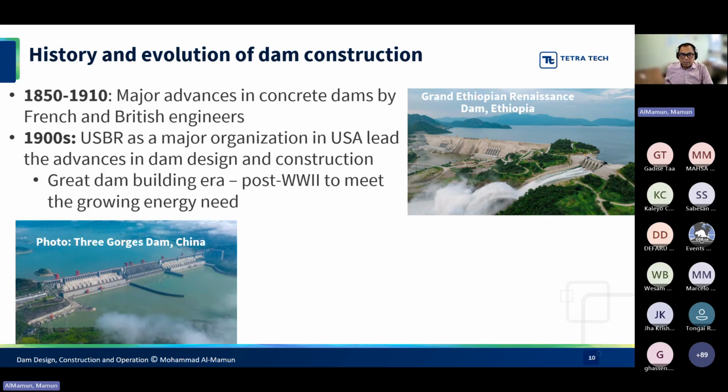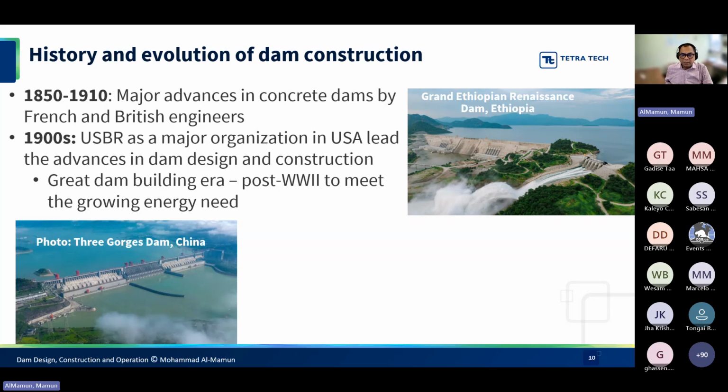But then from 1900 onward, around the first decade of the 1900s, I think USBR, the United States Bureau of Reclamation, started a major organization, and then dams across the continent. And then in Canada also at the same time, I think we started building significant dams.